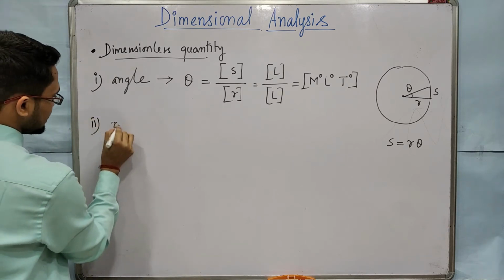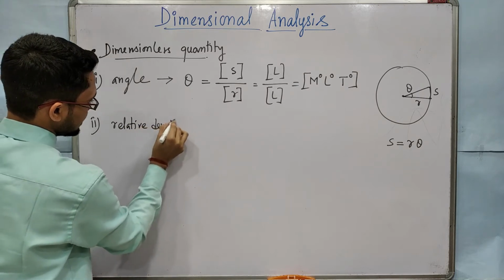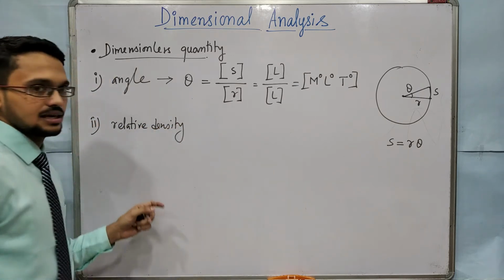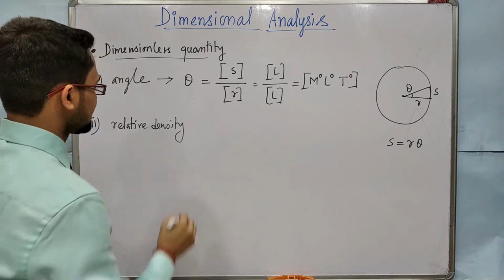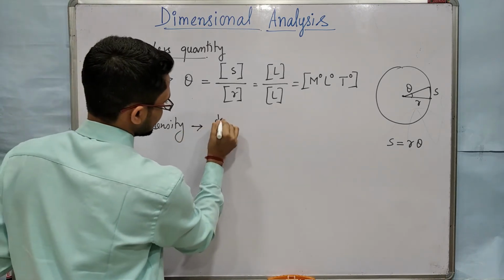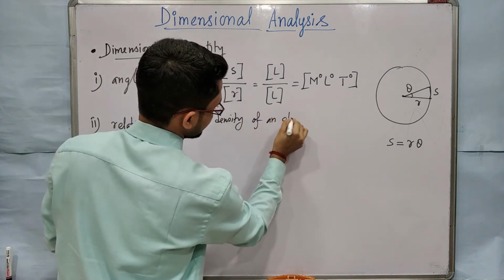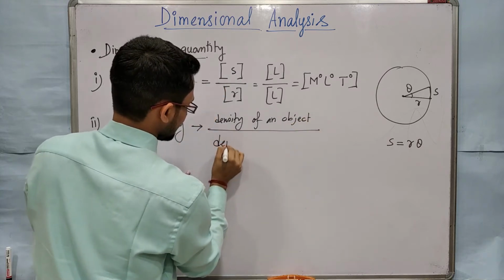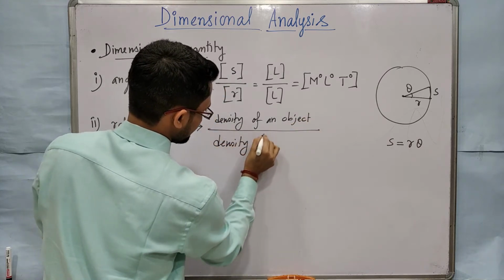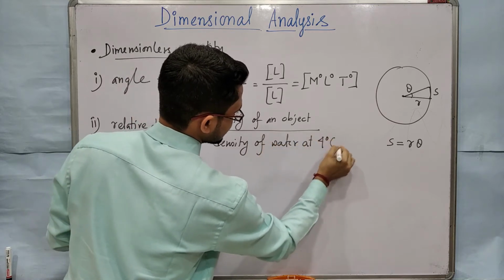Second, relative density. Relative density, that you have already read in class 9. What is the formula of relative density? What is the mathematical expression? Relative density means density of an object by density of water at 4 degrees centigrade.